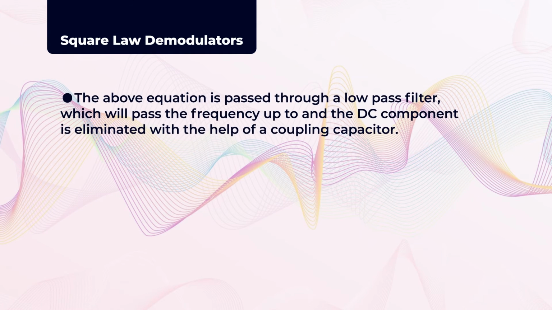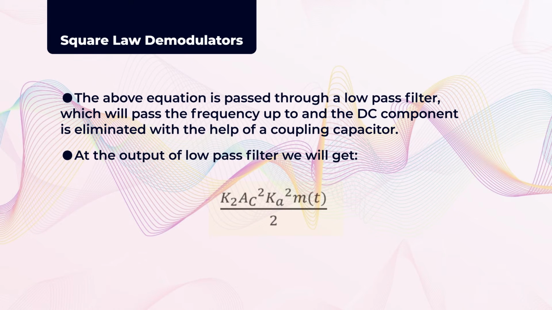The above equation is passed through a low pass filter which will pass the frequency up to ωm and the DC component, and the high frequency is eliminated by this low pass filter. Therefore, at the output of the low pass filter, we will get K2 into Ac square into Ka square m(t) whole divided by 2.